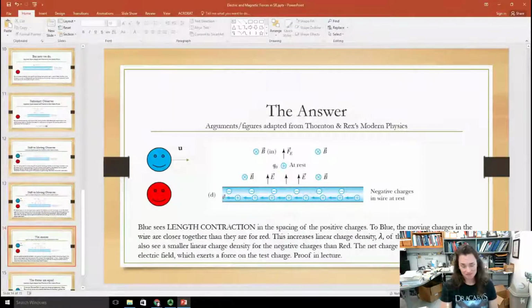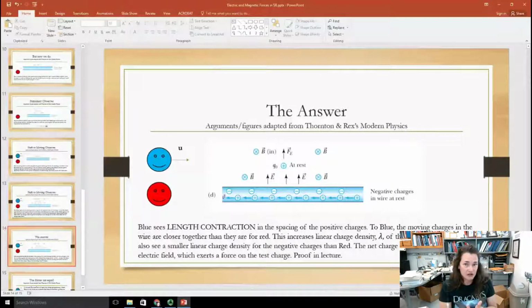Here's the answer. Blue actually sees length contraction in the spacing of those positive charges. Blue says, I'm at rest. Those positive charges are moving towards me outside of my reference frame. And so what they would see is the charges are closer together than they are according to red.